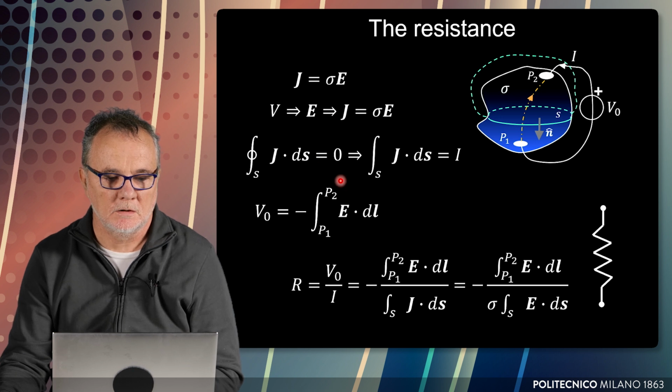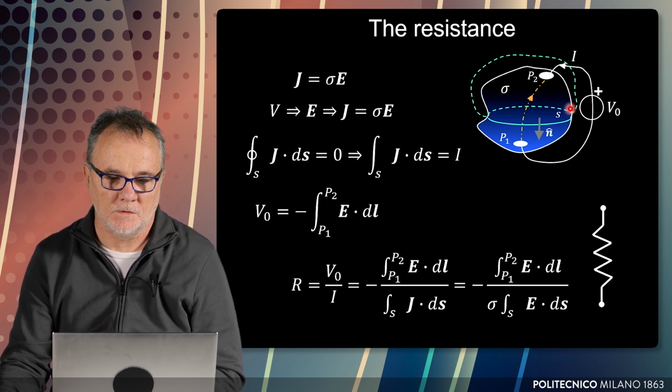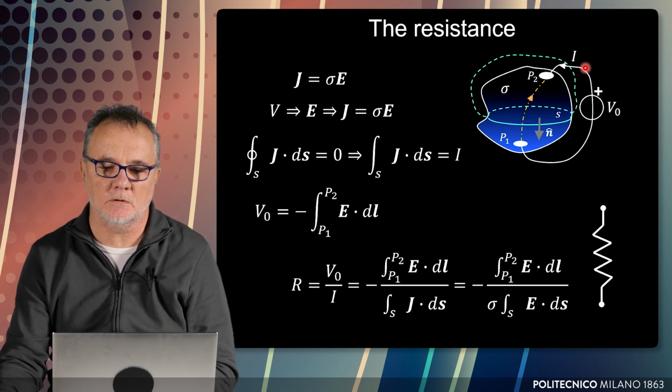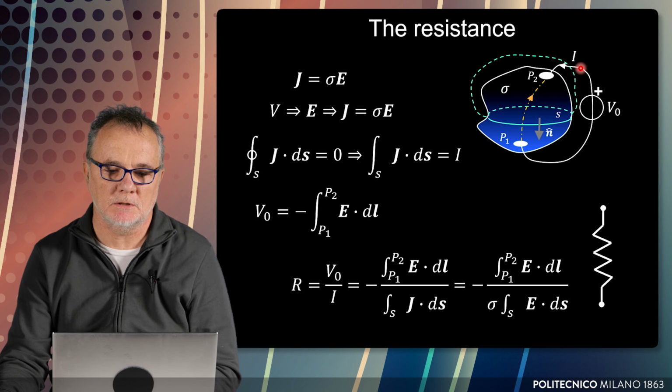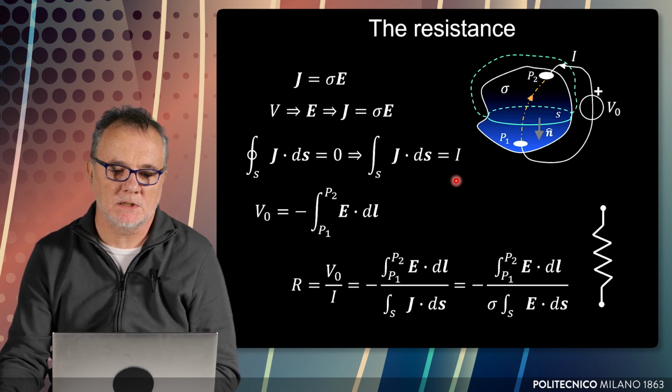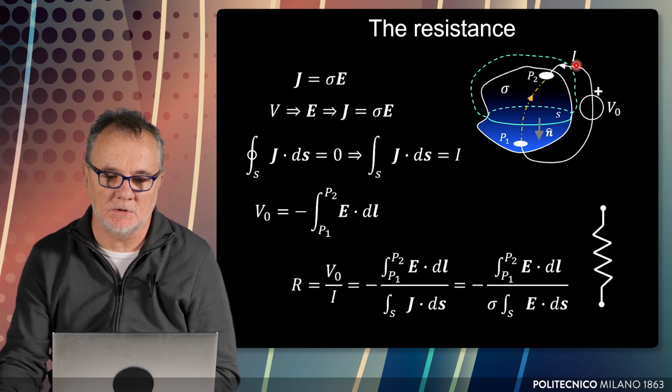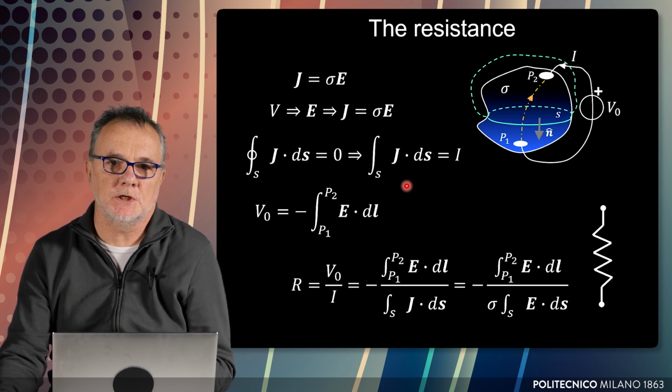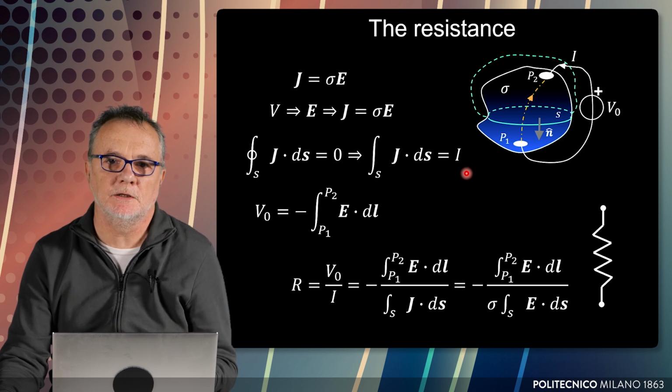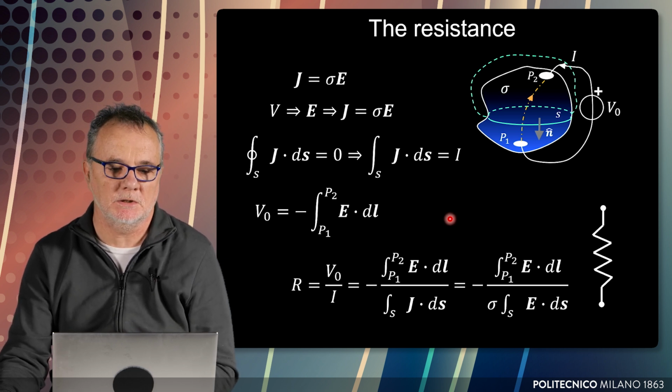The total flux of J is therefore this flux on S minus the current entering the system. Therefore, we can say that the current that enters the system equals the total flux of J here. This is the relationship between the current and the fields that appear inside the material.